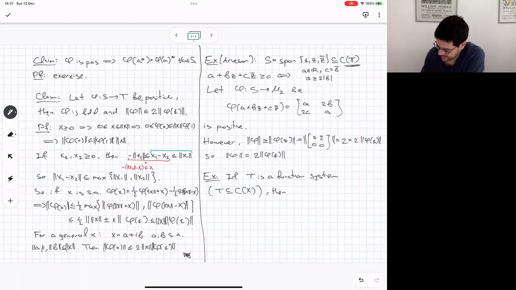Then any positive phi from S to T has a norm which is equal to phi of 1.